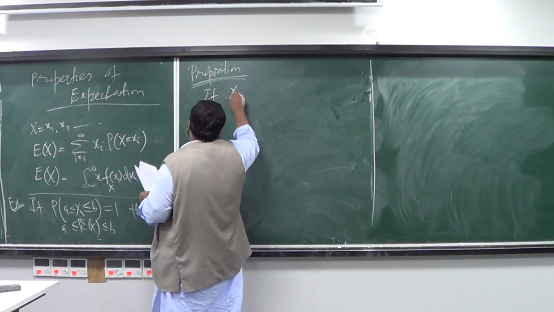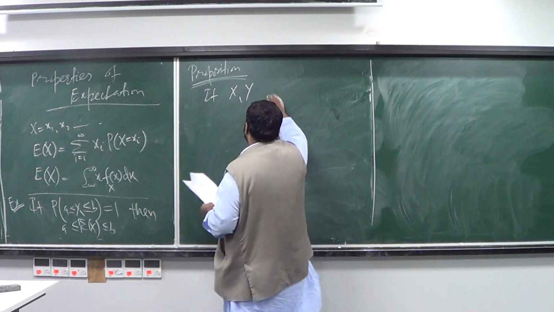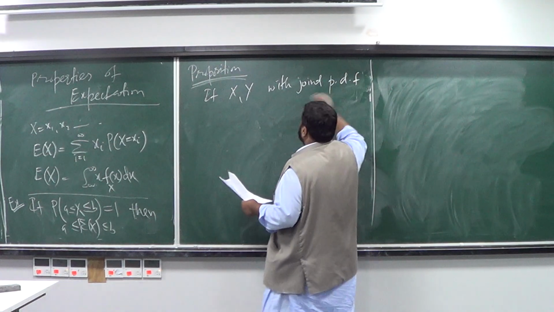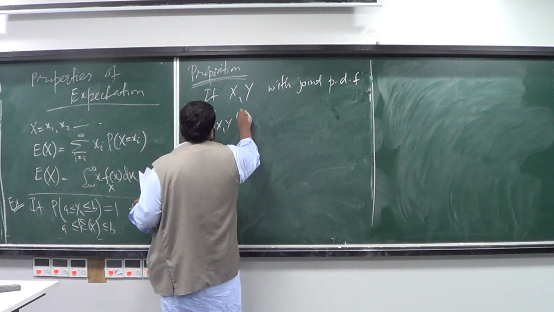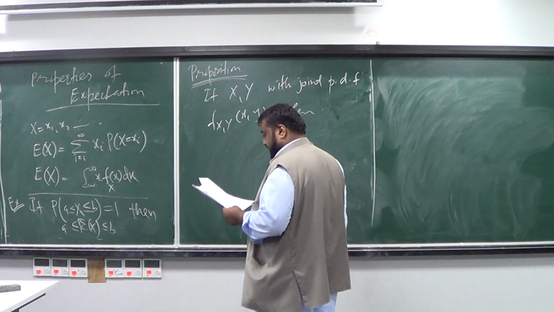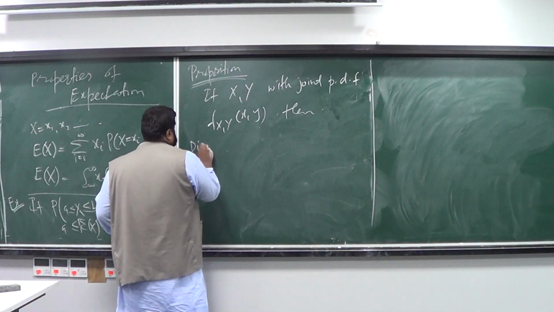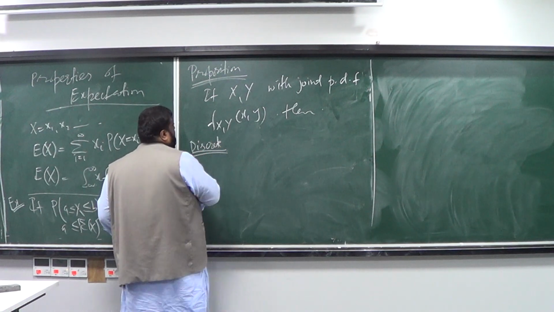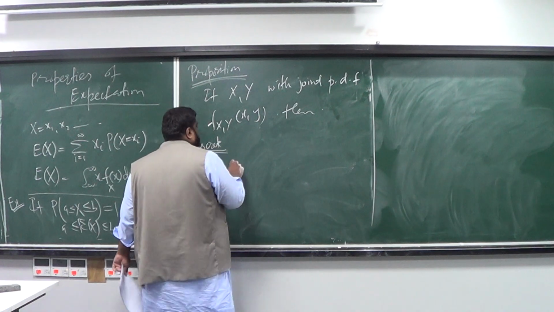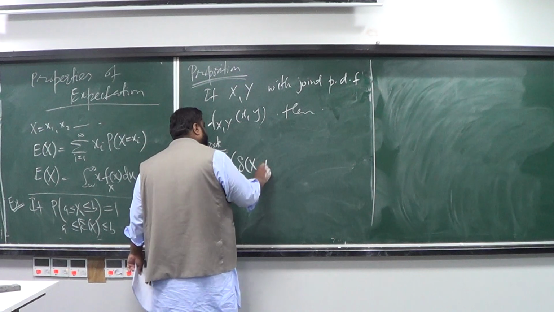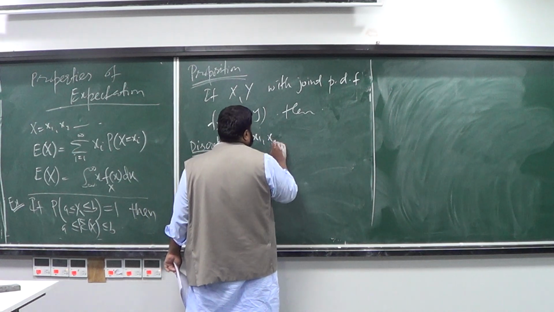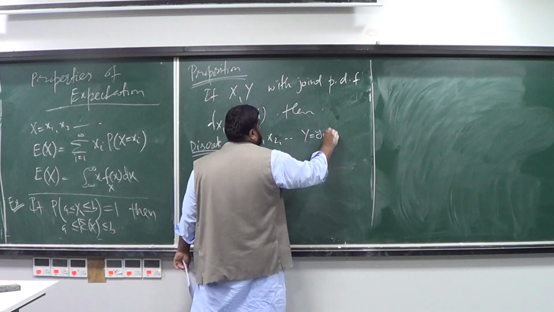If you have two random variables, X and Y, with joint PDF f_XY of x, y, then in the discrete case, if both of these random variables are discrete, the expectation of some function g of X and Y, you may assume that X takes the values x1, x2, x3 and so on, and Y takes the values y1, y2, y3 and so on.